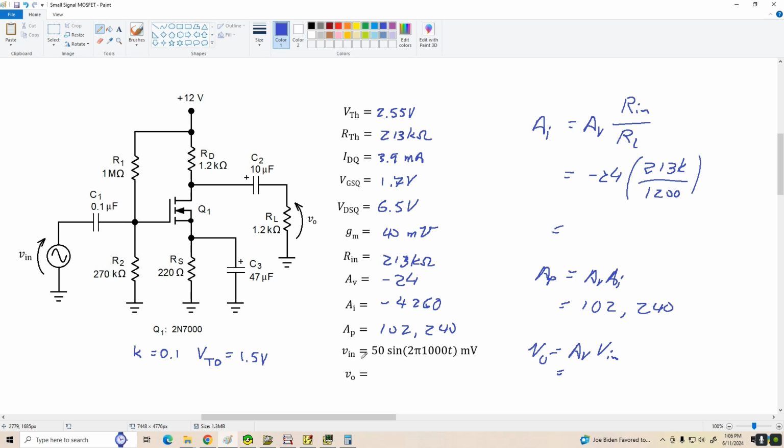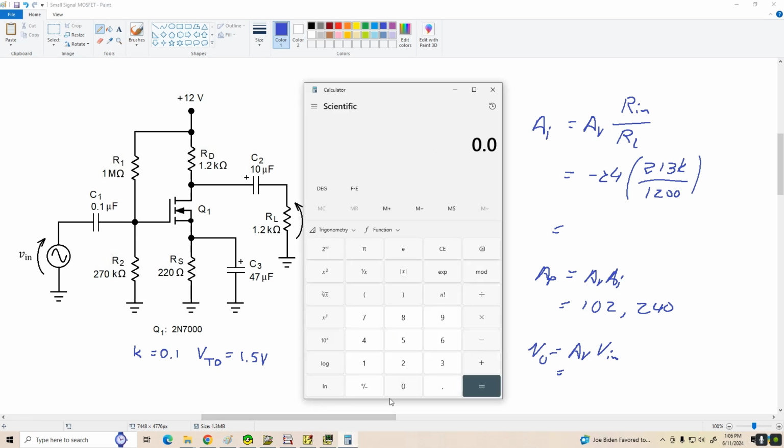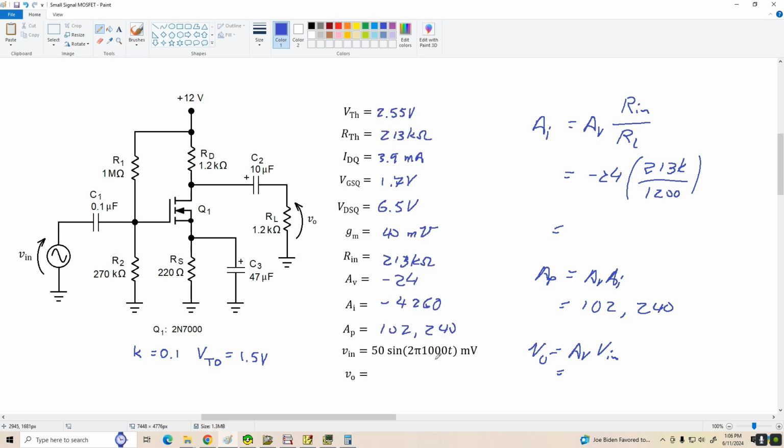So that's going to be 50 millivolts, which is 0.05, times our gain of 24, which is 1.2 volts peak, and it's inverted, so we're going to express that as negative 1.2 times the rest of it, and I'll write that here, negative 1.2 sine 2 pi 1000 t volts. So there's our output voltage.